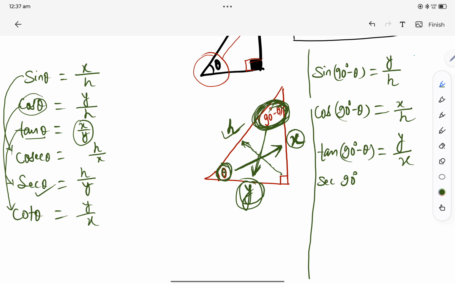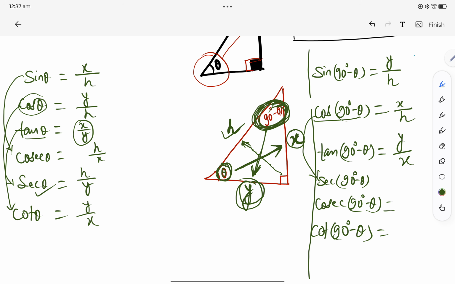Sec 90 degrees minus theta, cosec 90 degrees minus theta, and cot 90 degrees minus theta. You know, sec theta is the reciprocal of cos theta.